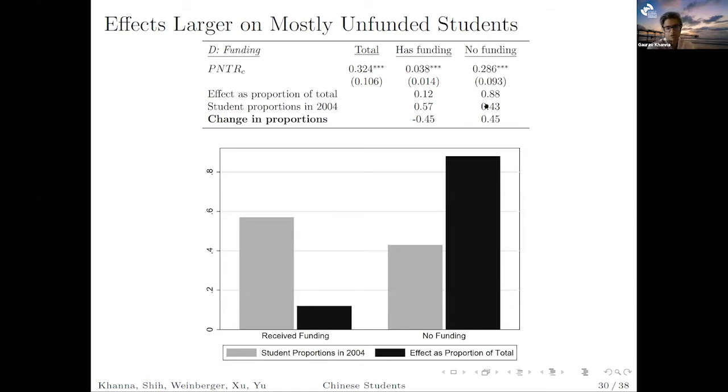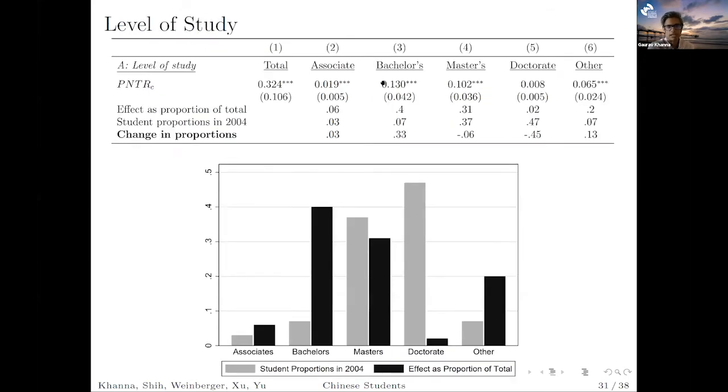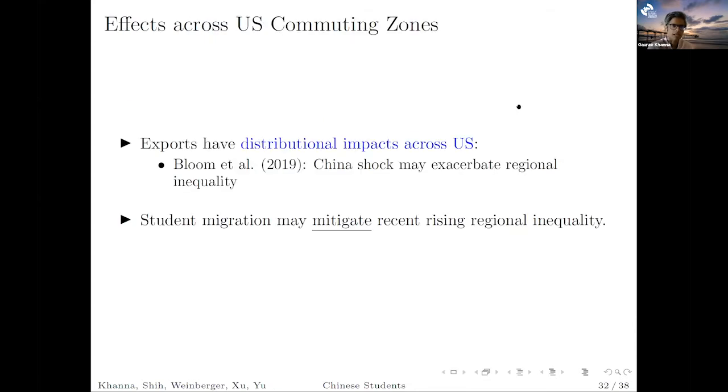So these students are essentially paying for their education. Relatedly, you see that the big increase is at the bachelor's and master's level, where students have to pay for their education, rather than at the doctorate level, where they often receive funding from universities, right?